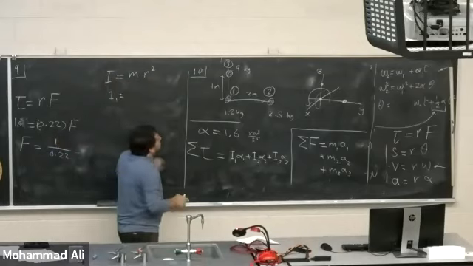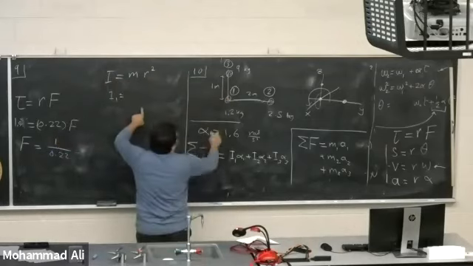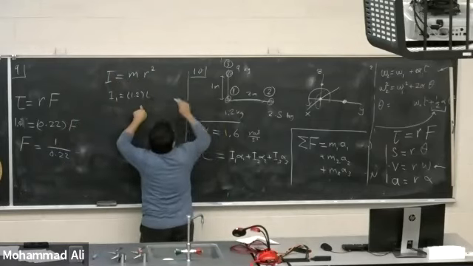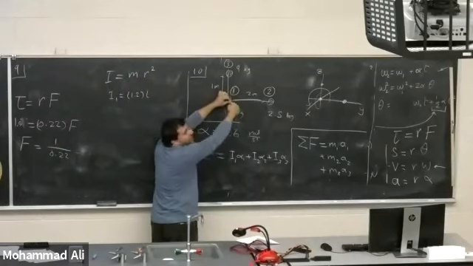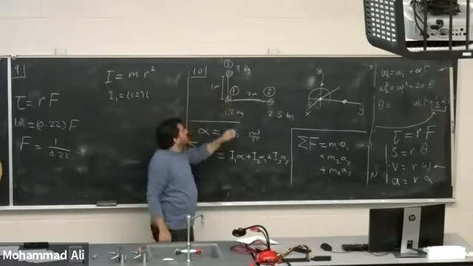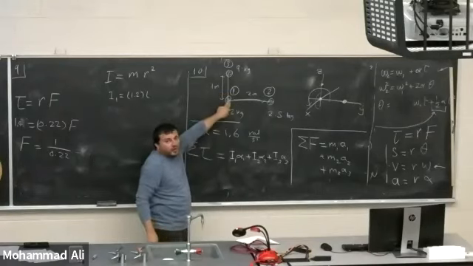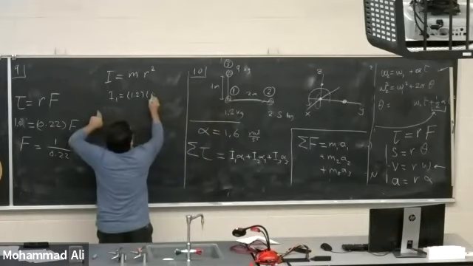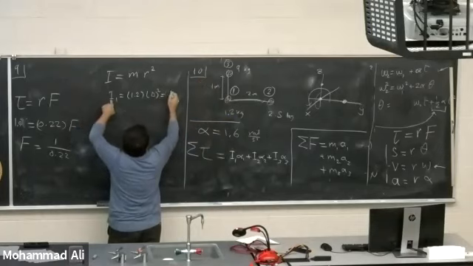The axis of rotation is here. The mass is 1.2. If we are rotating here, how much is the radius? How much is the distance of the mass from X equal to 0 here? It is 0 squared. So I1 is equal to 0.